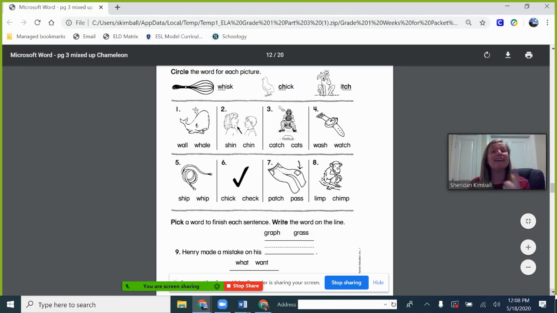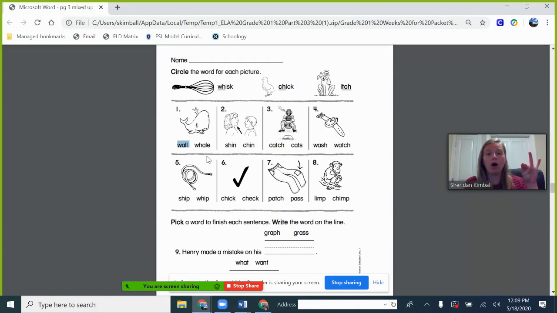I will tell you the name of the picture, and you need to decide which word shows that picture, okay? So let's get started. If we look at number 1 together, I see 2 different words that I can choose from, and I need to decide which one tells me this picture. So I'm going to tap this word.